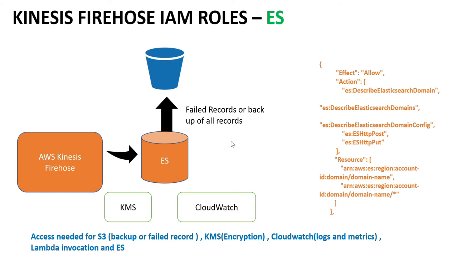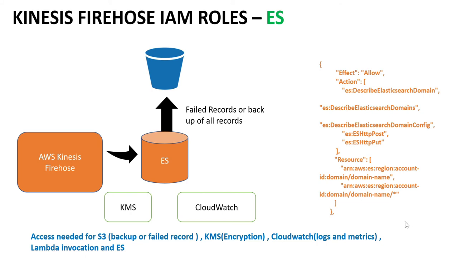In case something gets messed up and we want the backup of all the records, we keep it in S3. We can use KMS for encryption. We can use CloudWatch for monitoring purposes. And this is the privilege we have to do. We have to assign actions for describing the Elasticsearch domain, describe the domain configuration, and ES HTTP post and ES HTTP put to put the records in.